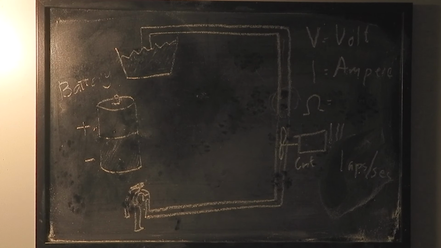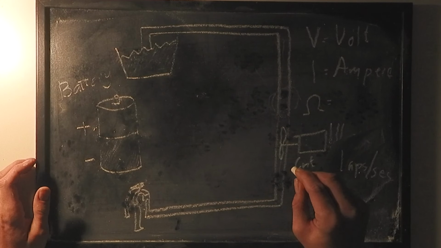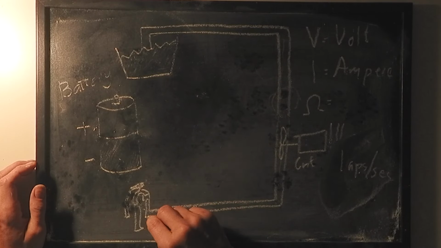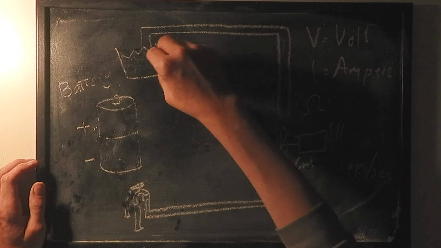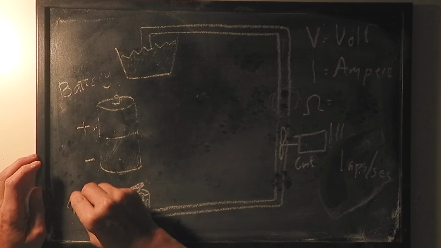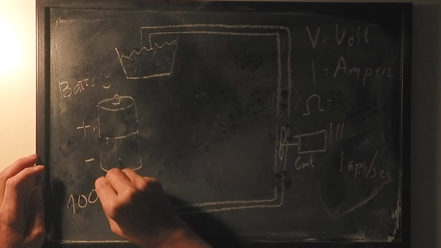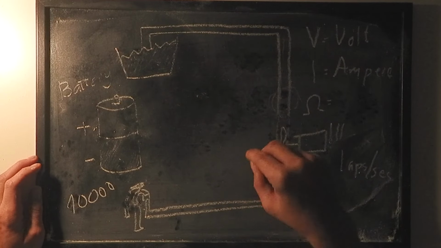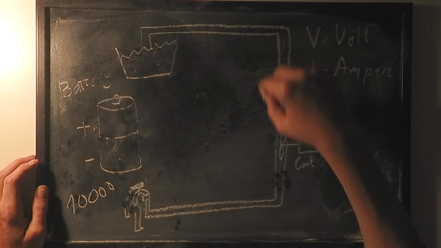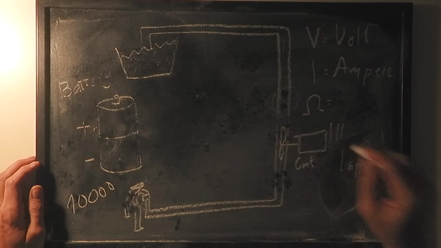Okay, so the voltage has only meaning if there is water here. If this water bowl is empty, we can put 10,000 volts or whatever on this pipe, but there will not be any flow of water. So this propeller will not spin.